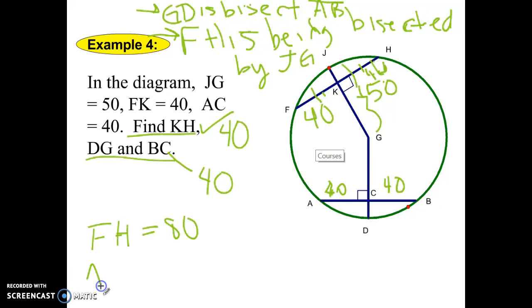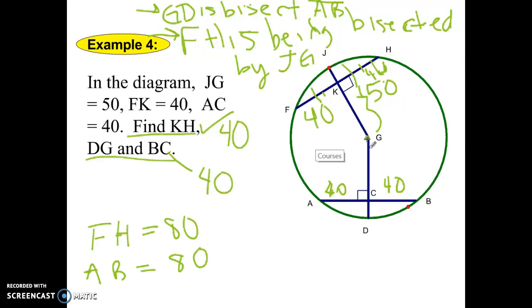We have chord AB. Notice AC is 40, CB is 40, so AB is 80. And according to our theorem, if the chords are congruent, it means they are equidistant away from the center of the circle, which would be point G here.